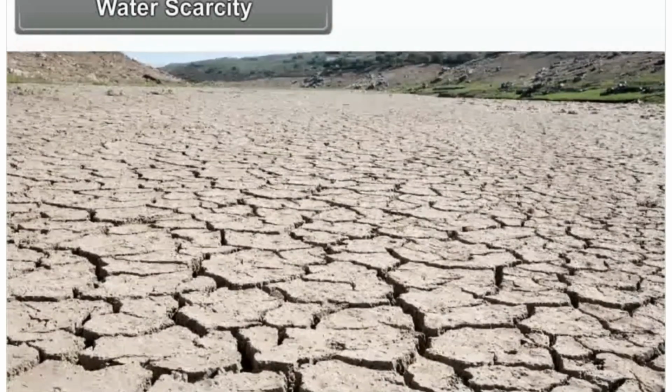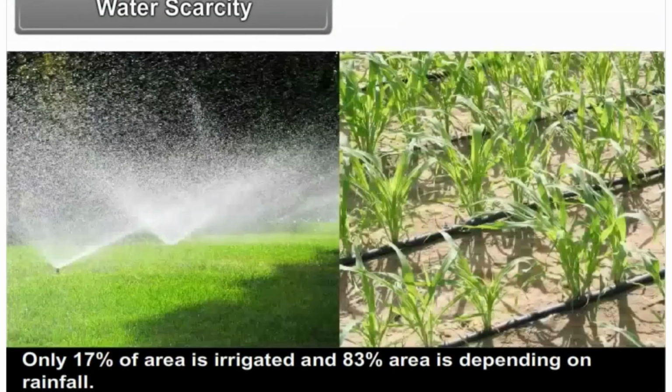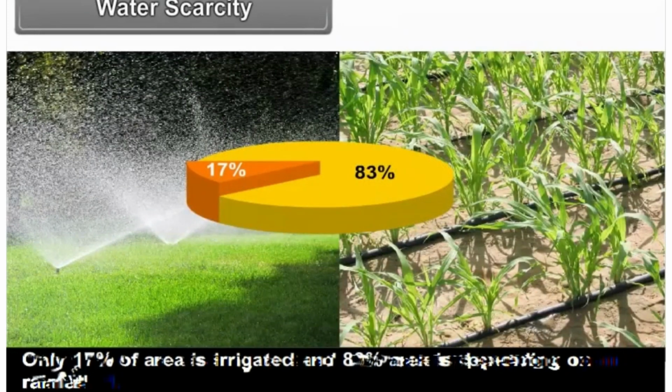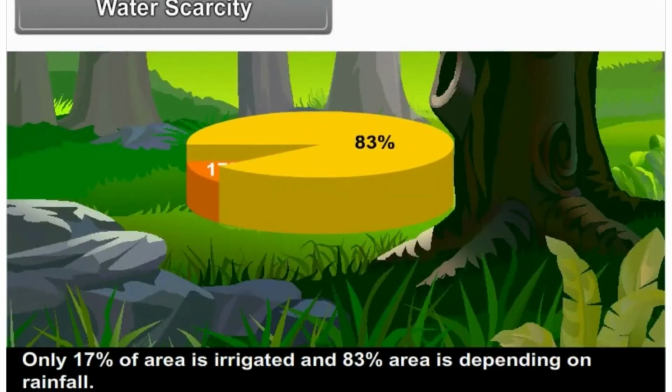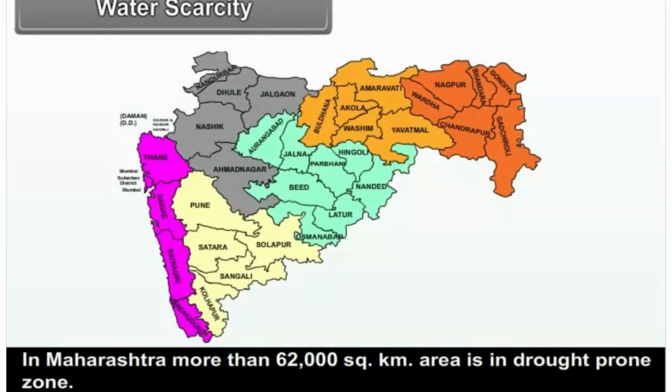Water scarcity. Agriculture in Maharashtra is totally dependent on rainfall. Only 17% of area is irrigated and 83% of area depends on rainfall. In Maharashtra, more than 62,000 square kilometers area is drought-prone zone.